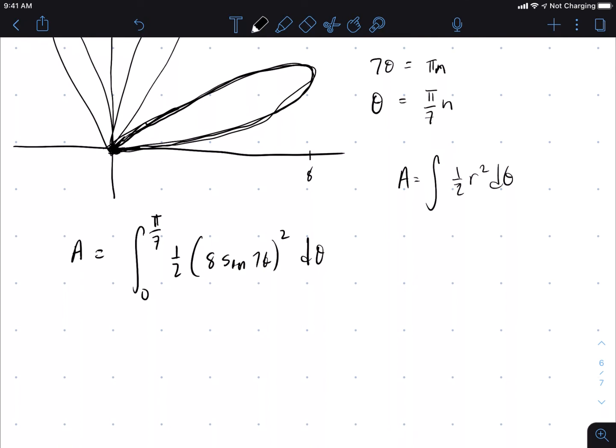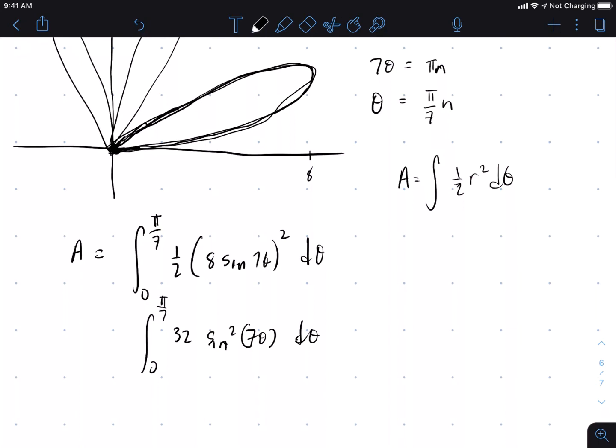Half of 64 is 32. We're going to have sine squared 7 theta from 0 to pi over 7 d theta. Agreed? Yes. Okay.